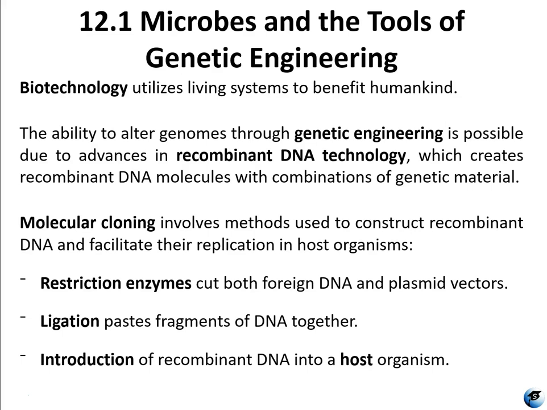Molecular cloning is the methods that we use to construct recombinant DNA and then also to get it to replicate in host organisms. Some of the tools that we use for this are things like restriction enzymes. Restriction enzymes are kind of like scissors. They're used to cut DNA in very specific places. Then ligation is like the glue that pastes DNA back together. And then, of course, introduction of recombinant DNA into host organisms is the last step of this.